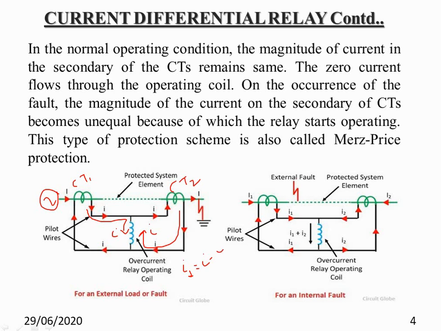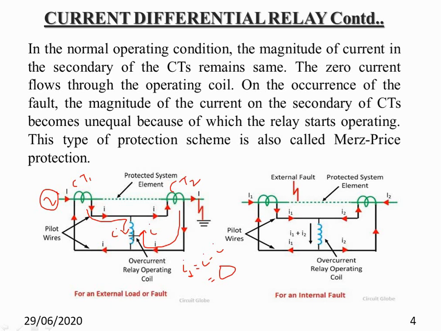So this i minus i gives the result 0. So we can say that the current through the operating coil is 0. That means indirectly no current is flowing through the operating coil. Now, as per the relay operation, we know that if the minimum current, or the set value of current, flows through the operating coil, the relay will work.